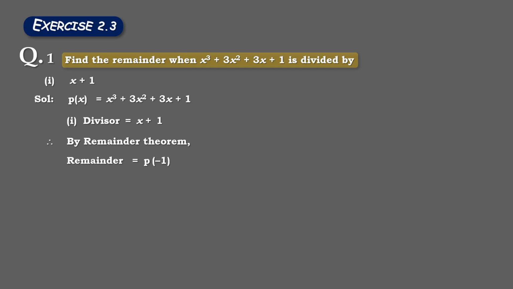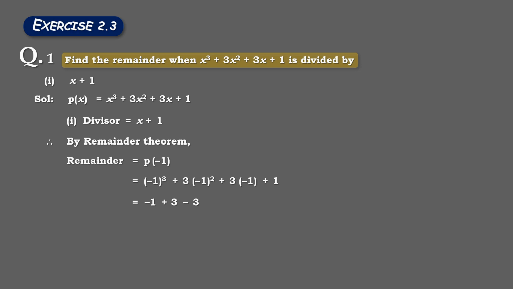That is, p of minus 1 equals minus 1 cube plus 3 into minus 1 square plus 3 into minus 1 plus 1. Now calculate step by step. Minus 1 cube is minus 1. Minus 1 square is 1.